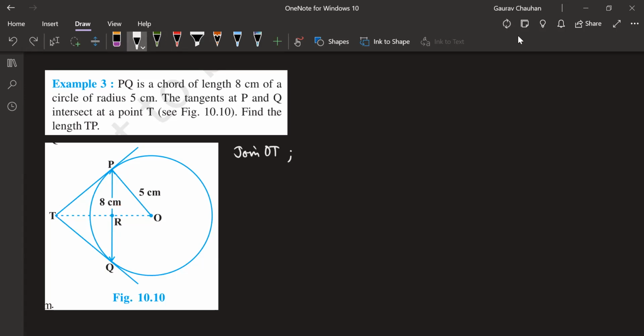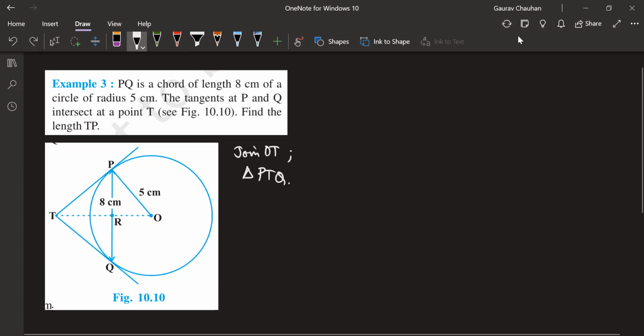Join OT. When you join OT, you check triangle PTQ. This particular triangle PTQ is an isosceles triangle. We already know that because the lengths of tangents from the same external point are equal.